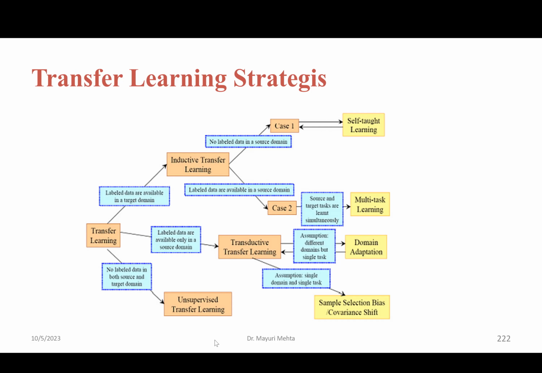Here the algorithms try to utilize the inductive biases of the source domain to help improve the target task, and depending upon whether the source domain contains labeled data or not, this can be further divided into two subcategories, similar to multitask learning and self-taught learning, respectively. Domain means, for example, the agriculture domain or the healthcare domain.